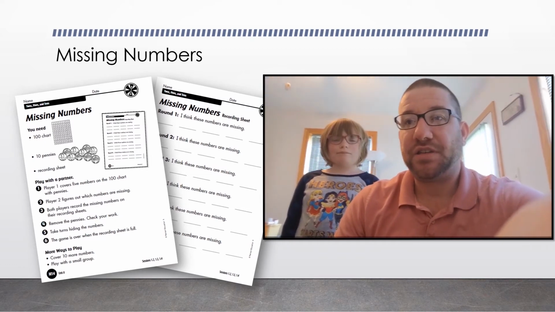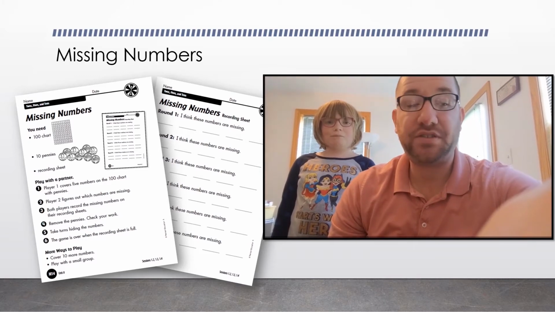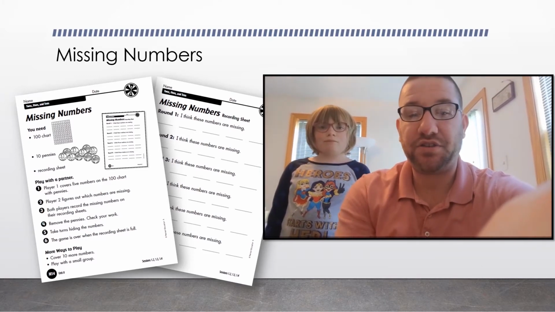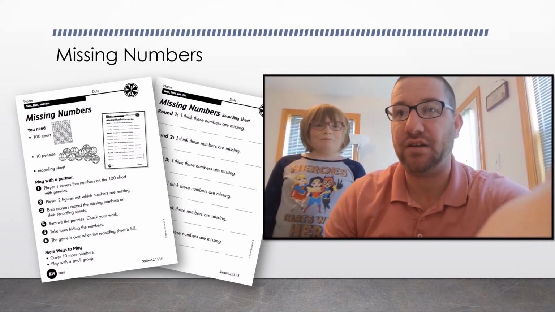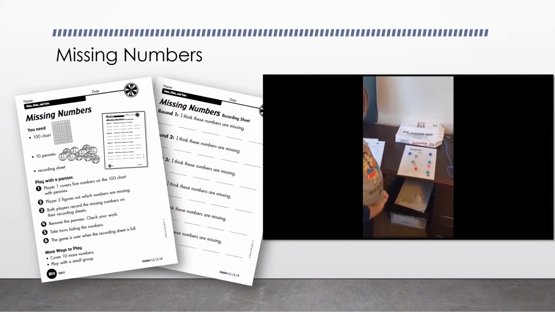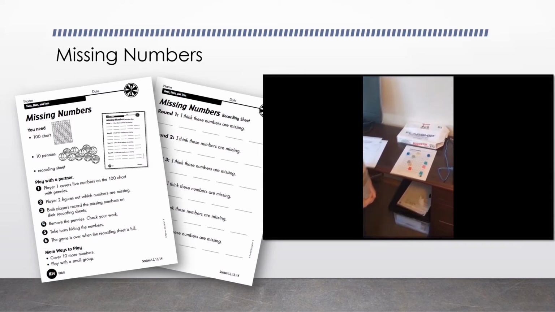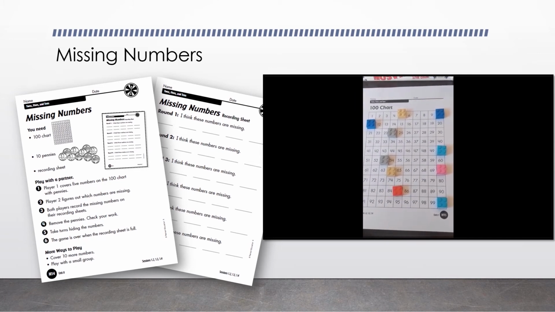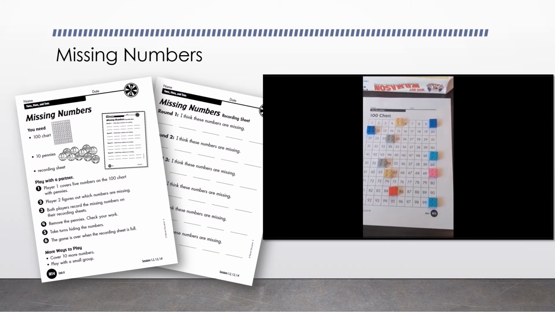Hi, this is Mr. Pizek and Kayla, and we're going to play Missing Numbers on our hundreds chart today. Kayla's going to use Legos to cover up 10 numbers that I'm going to try and figure out what they are. So Kayla has covered up the 10 numbers that I need to figure out. I see that one of the numbers covered up is between 4 and 6.